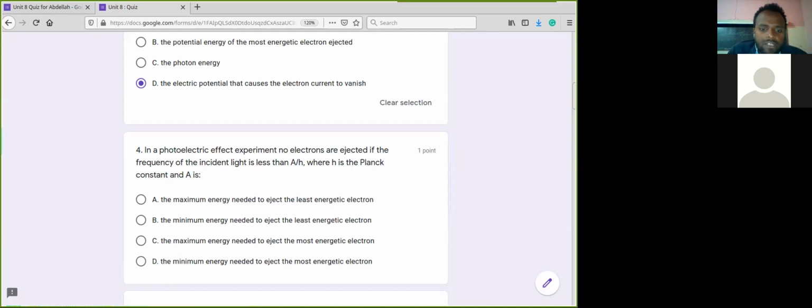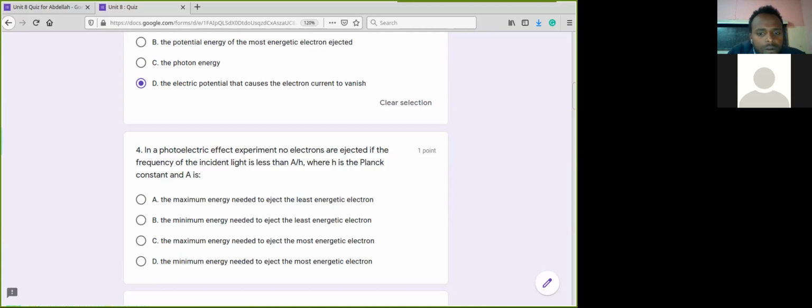B, the minimum energy needed to eject the least energetic electron. C, the maximum energy needed to eject the most energetic electron. D, the minimum energy needed to eject the most energetic electron. Which one is the correct answer? B. B or D?